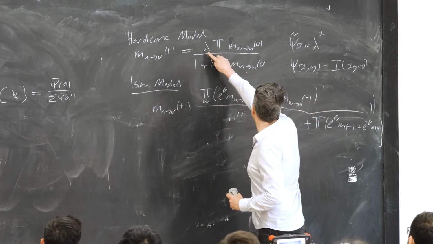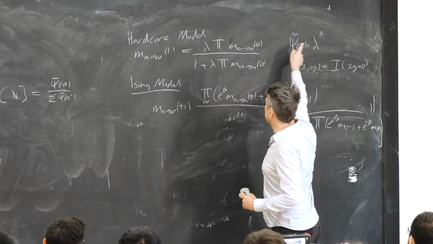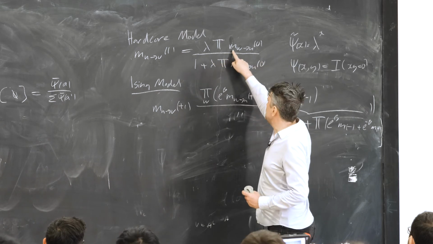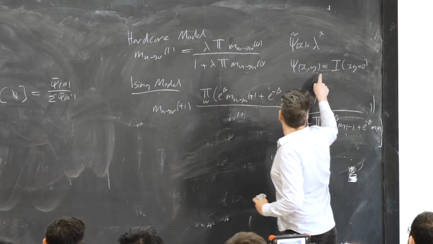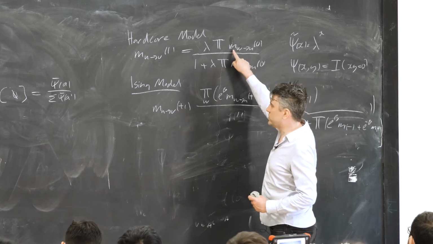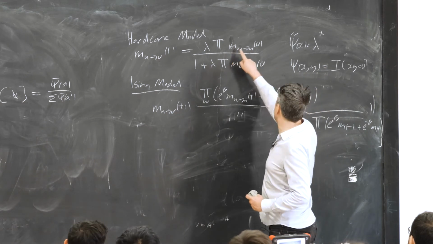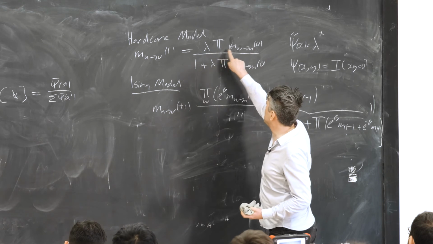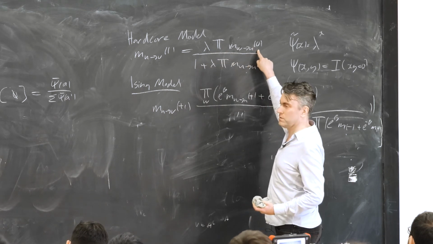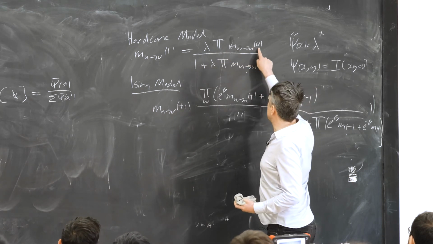So this lambda is psi tilde of 1, times, well, if x equals 1, we only get a contribution when y equals 0, so we get the 0 message.